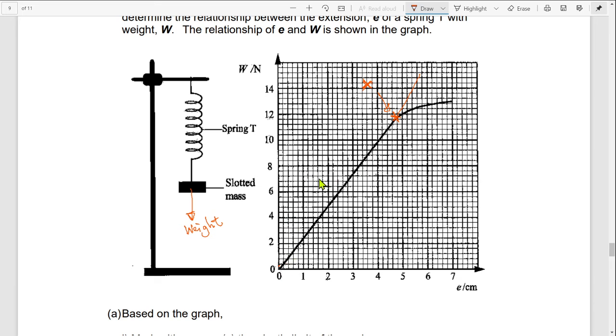For this line, our force in this case is W. W is directly proportional to our E, only up to this point here. But beyond this point, W is no longer directly proportional to E. Do you follow me?